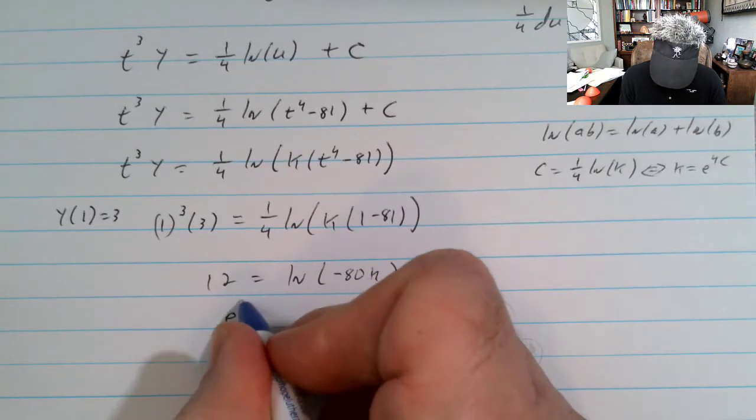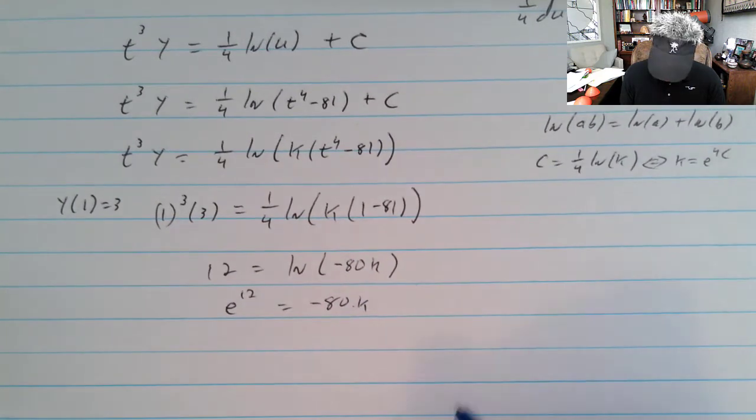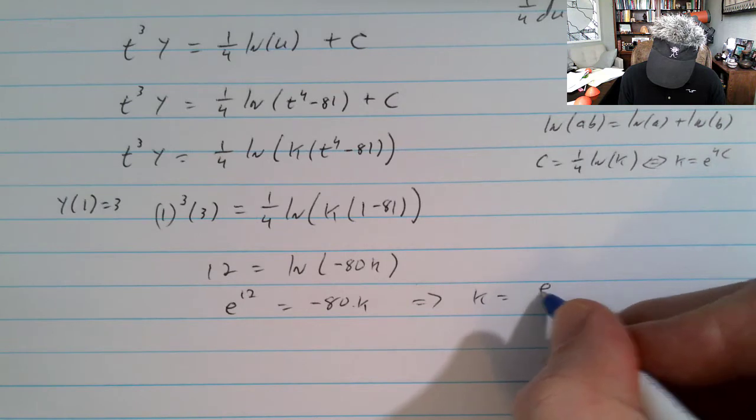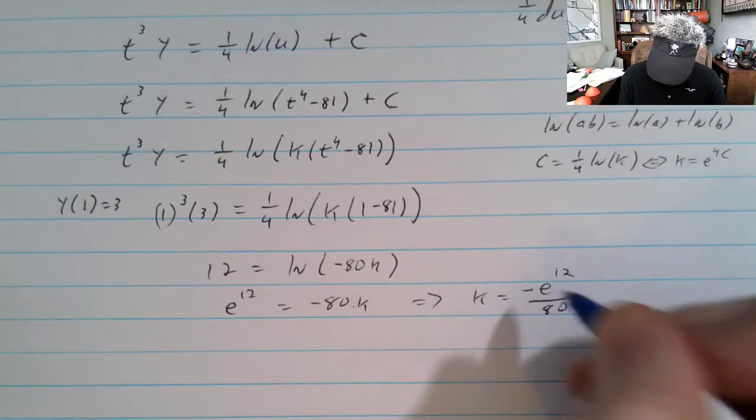Exponentiate. Divide, and we have our k. So put the negative like that.